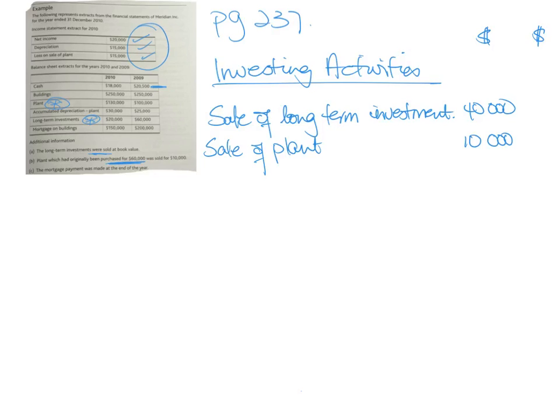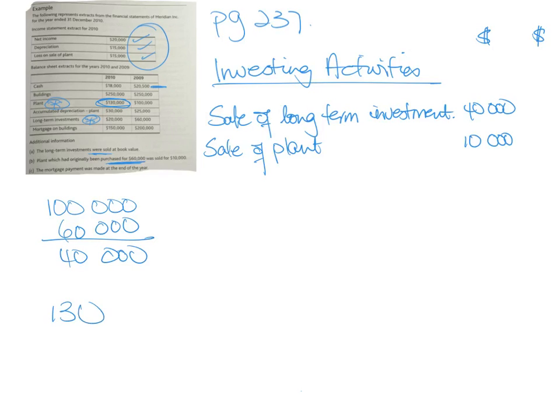Okay, so when we look at the plant now, we see that it was 100,000 in 2009. We see that we are selling 60,000 of it, but yet our final figure is 130,000. How do you think we got to that 130,000? The difference is 90,000.